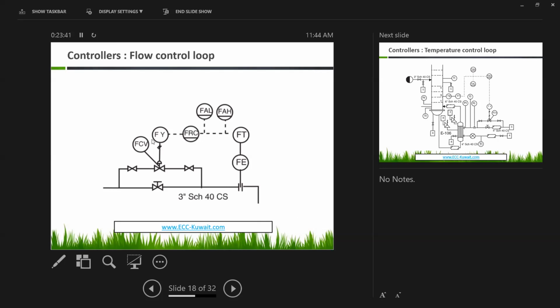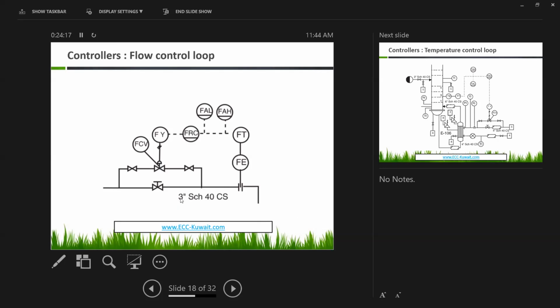What is FY? It is a flow relay. The objective of this flag is to convert the electrical signal into pneumatic signal. And finally, we have this control valve, which closes and opens partially to increase or decrease the flow rate to the unit.